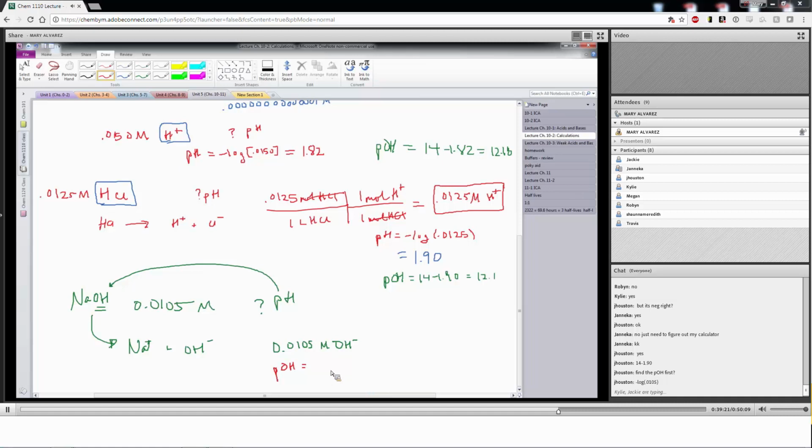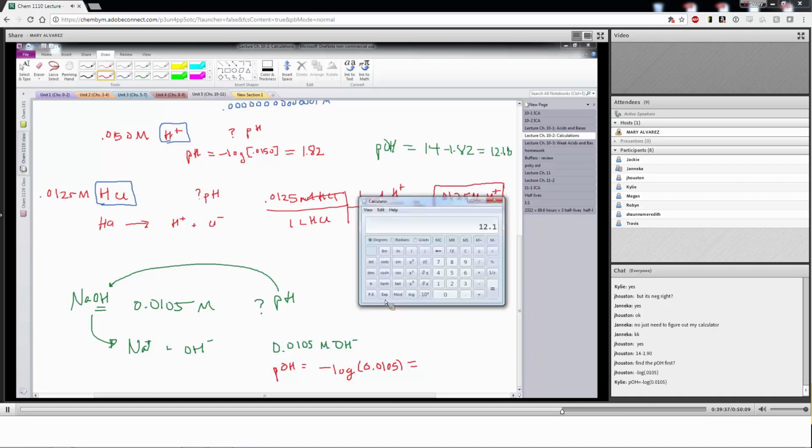Yes. The pOH is the minus log of the OH minus concentration, which in this case is 0.0105. Therefore, the pOH is, anybody have this plugged in before I get to it? Excellent.